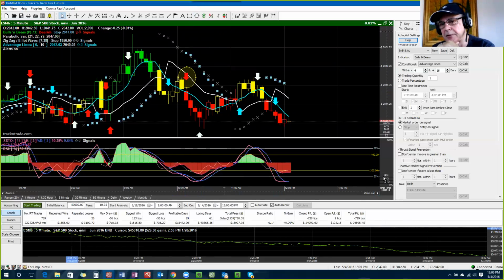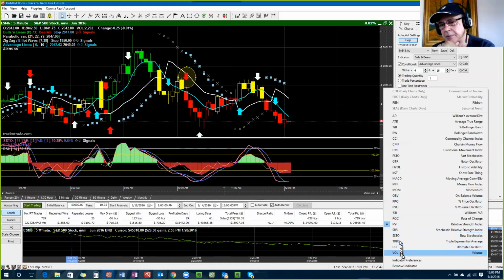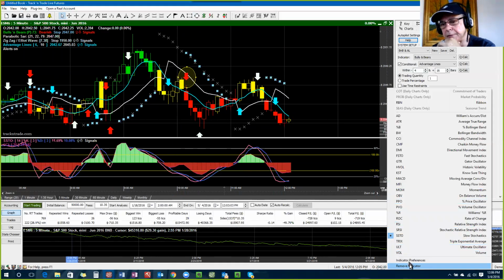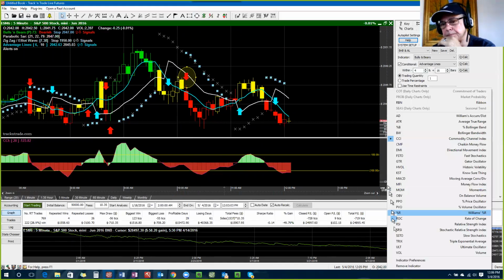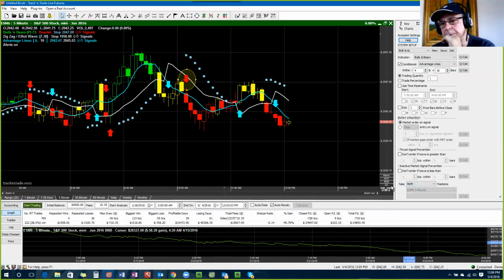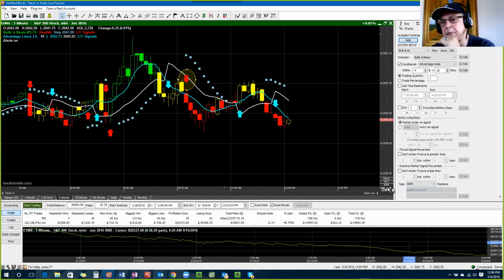Let me turn off everything else so we don't get confused here. So the only thing that we've got is bulls and bears and advantage lines.